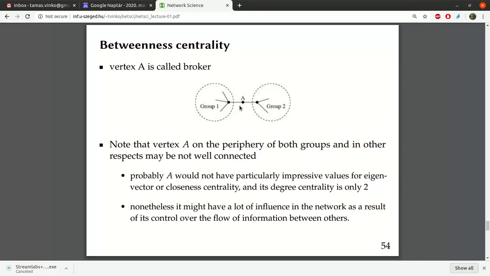If you think about it, for example, the degree centrality value of this node is only 2, and probably the eigenvector or the closeness centrality value is again not really impressive, but it definitely has a large betweenness centrality value, and it's definitely playing a role in the information spreading between the two groups. So if we remove this node, it has a huge impact on the graph.